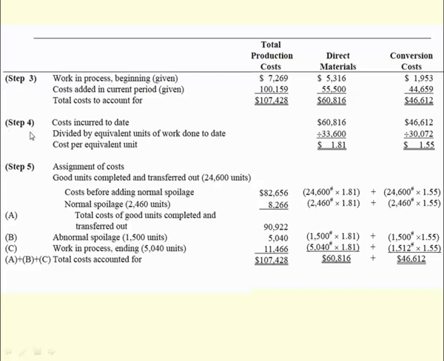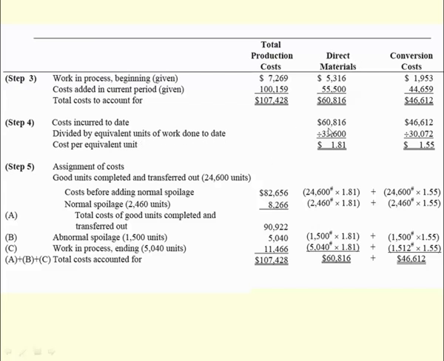For step number 4, we need to calculate cost per equivalent unit. So we start with costs incurred to date, which was previously calculated, 60,816, divided by equivalent units of work done to date.